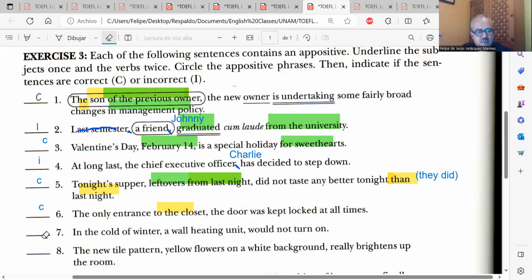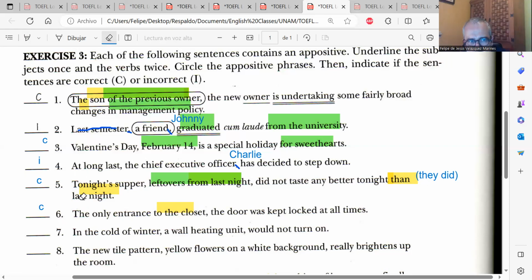Okay, the next one, Melina. "In the cold of winter, a wall heating unit would not turn on." How do you pronounce this word? Cold. Yes. It is incorrect.